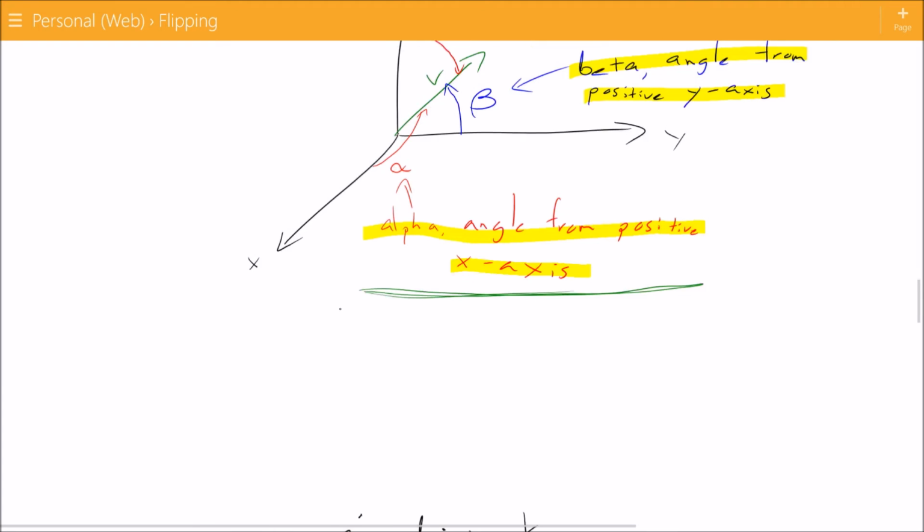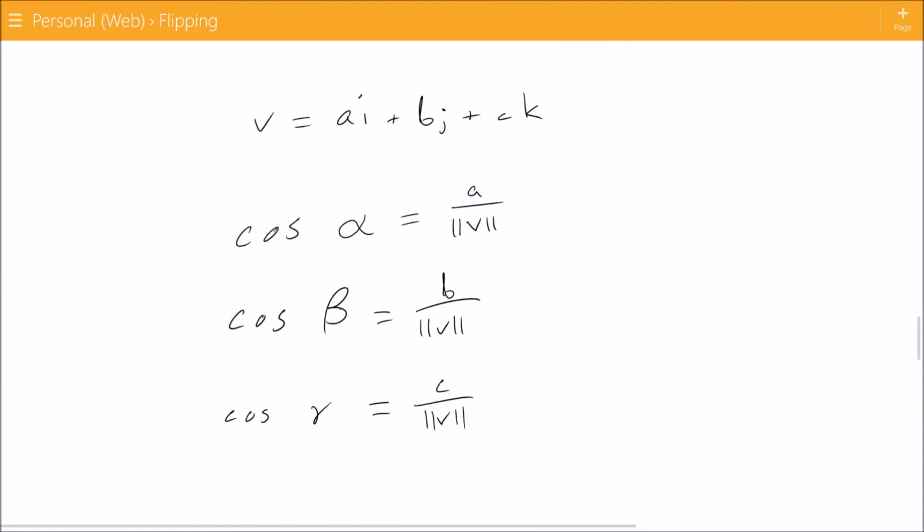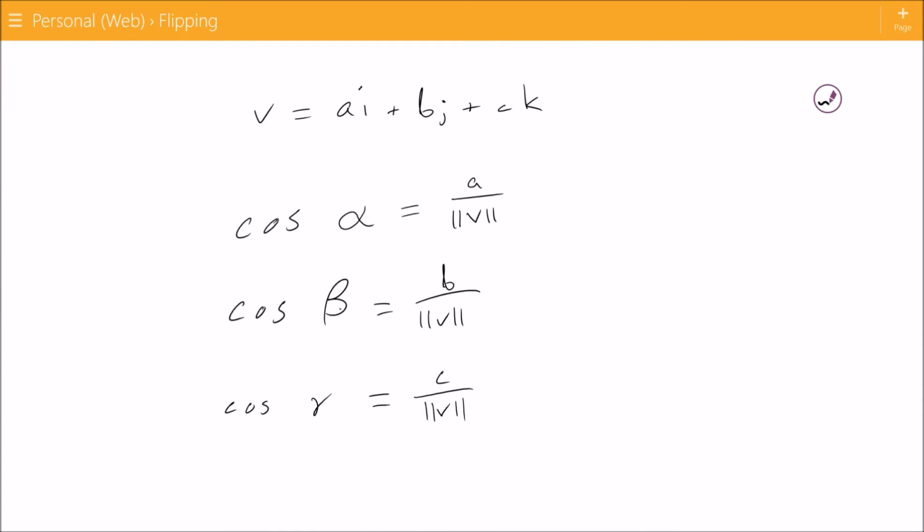To find these, it's actually pretty simple. If I have a vector ai plus bj plus ck, the cosine of each of these angles is just the related component of the vector divided by the magnitude.